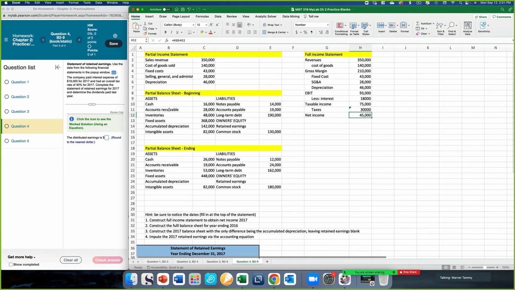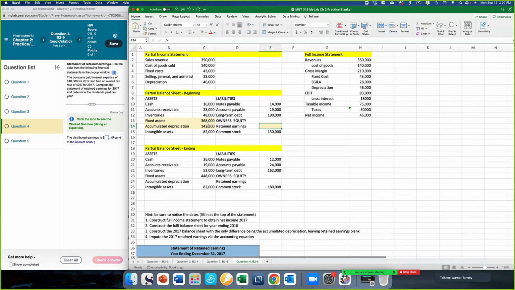So now let's take a look at the balance sheet. So we said this is a partial balance sheet. And so I want to draw your attention over here to our fixed assets and accumulated depreciation. Okay. There's a few things that we need to pay attention to in the balance sheet.